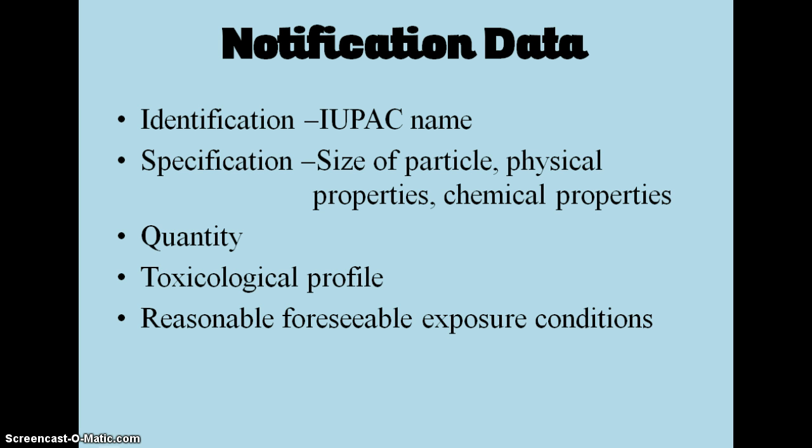Next is the quantity, where we have to give the estimated quantity of the nanomaterial used in the product itself. And also next is the toxicological profile of the nanomaterial, and lastly the reasonably foreseeable exposure conditions.